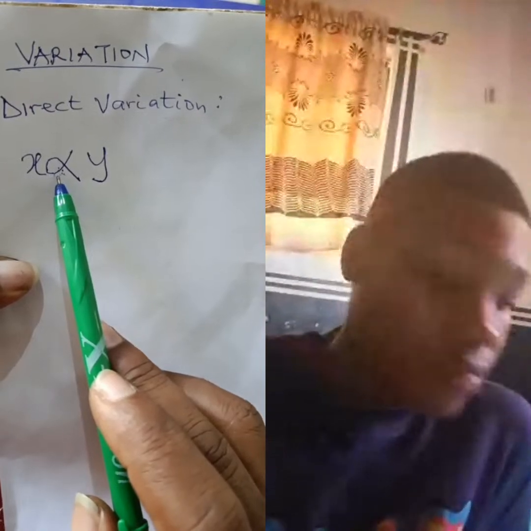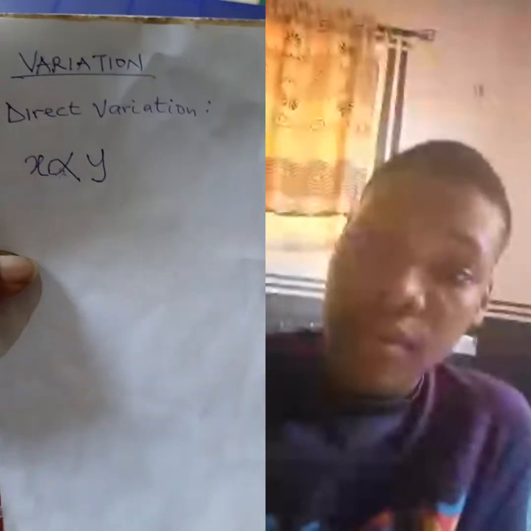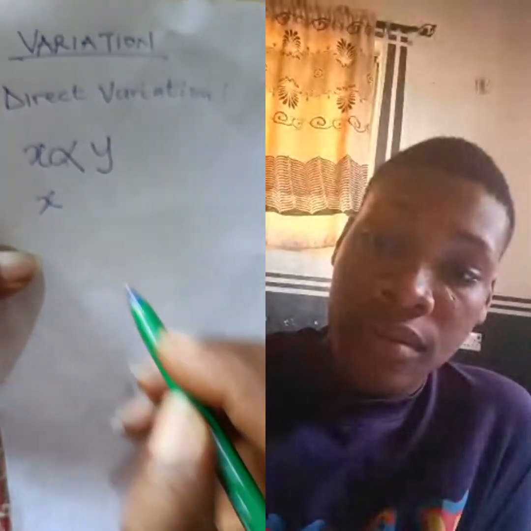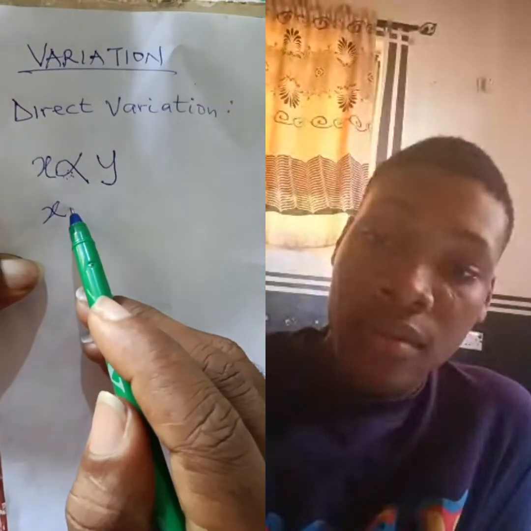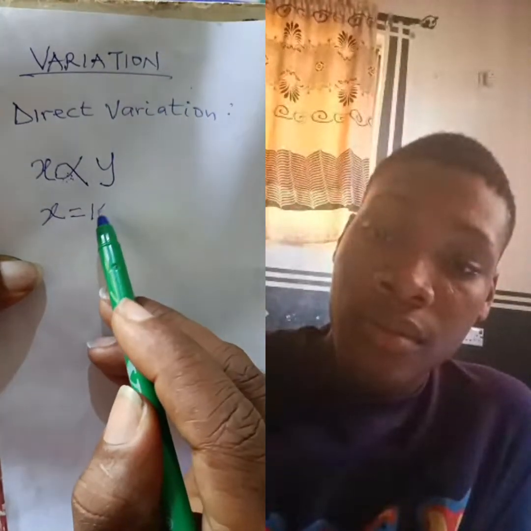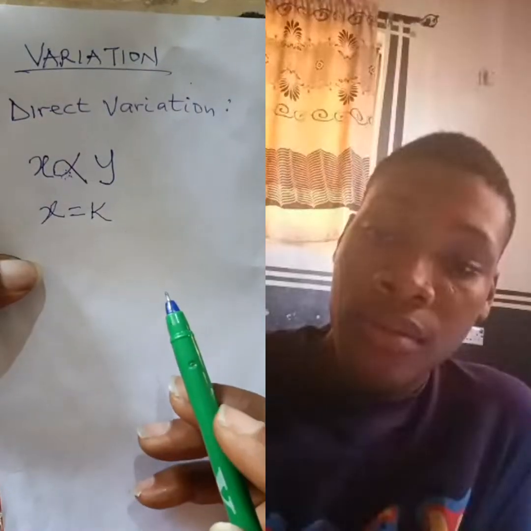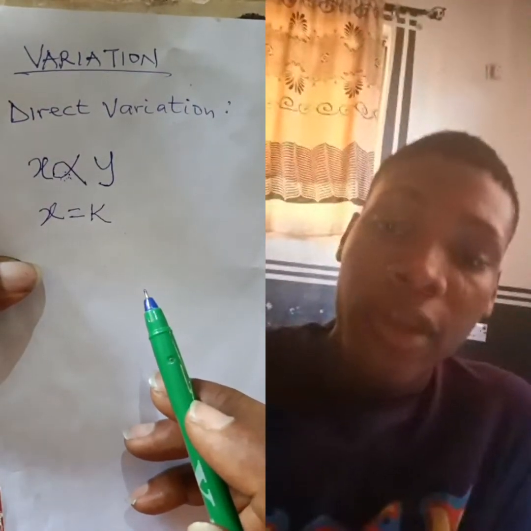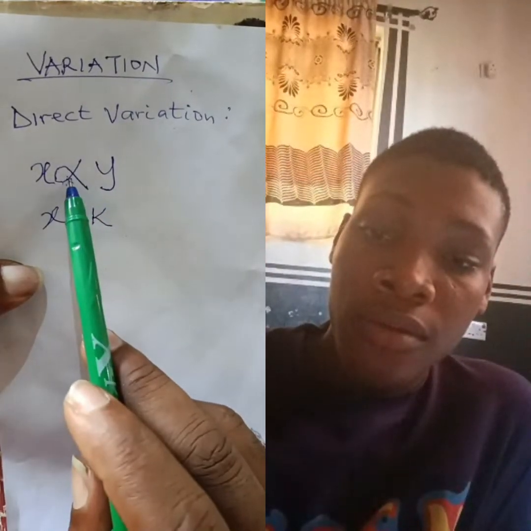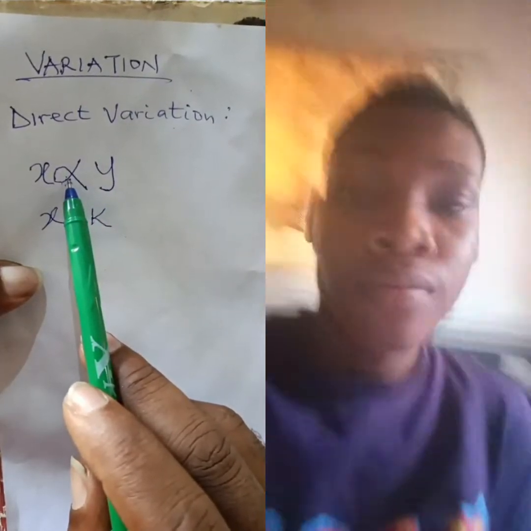So let us remove this symbol now so that we can solve questions on it. This is how you write it. Watch. It's going to be x equal to, and you bring any alphabet you like as a constant. I'm using K. Can you see what I'm writing? Yeah. This equal to K has removed the variation sign.